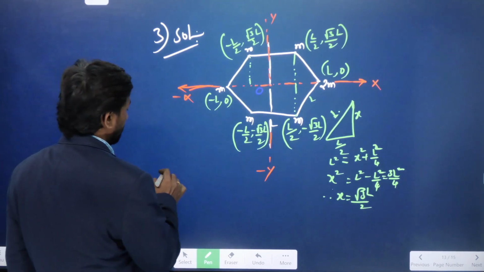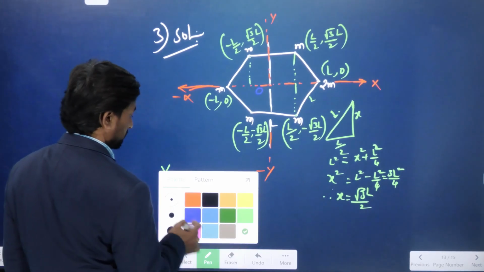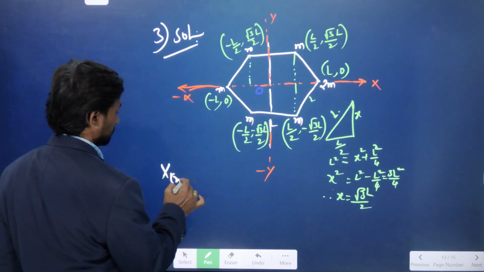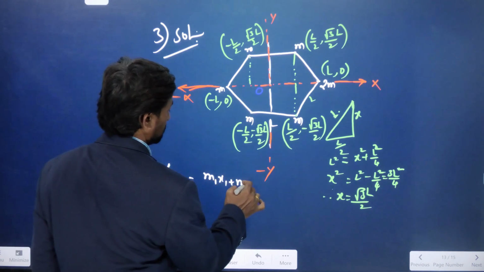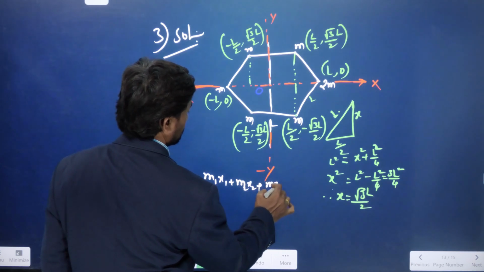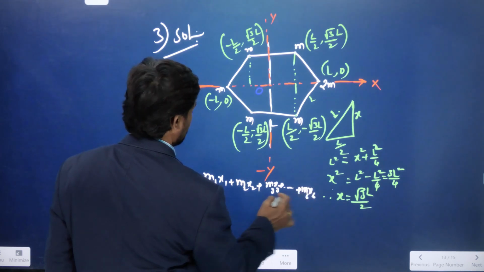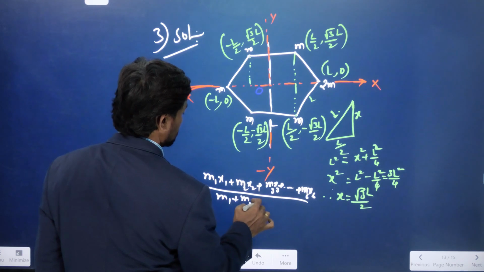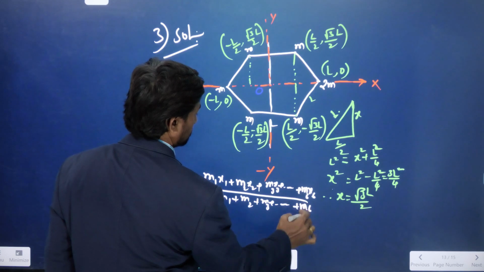Now we will write the formula for the x center of mass. XCM is equal to m1 x1 plus m2 x2 plus m3 x3, and so on up to m6 x6, divided by m1 plus m2 plus m3, and so on up to m6.